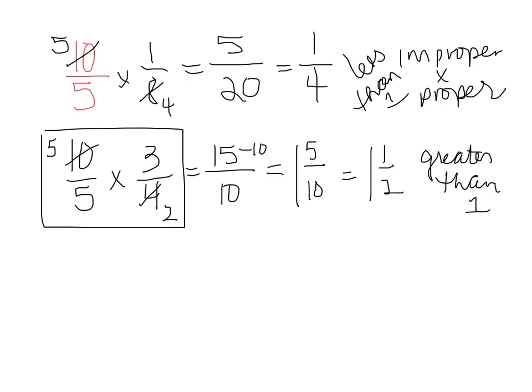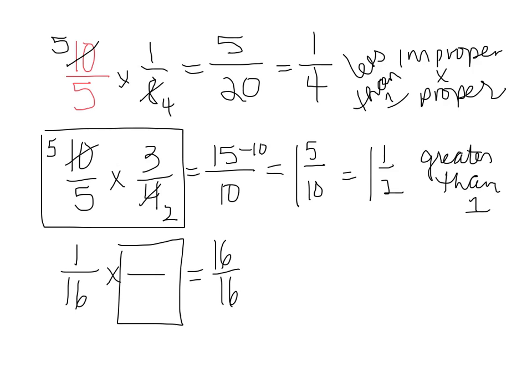If I pick like 1/16 times something, and I want to get 1, do I want it to be 16 over 16? Yeah. So what would this have to be? If you look across the top, 1 times what is 16? 16 times what is 16? Okay, and that reduces to 1. This is equal to 1.